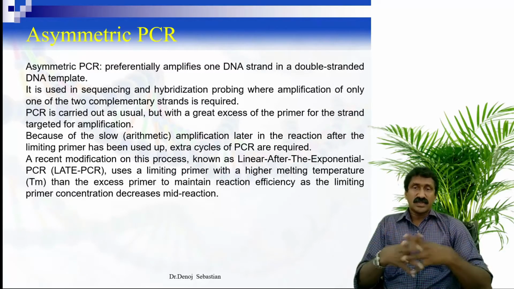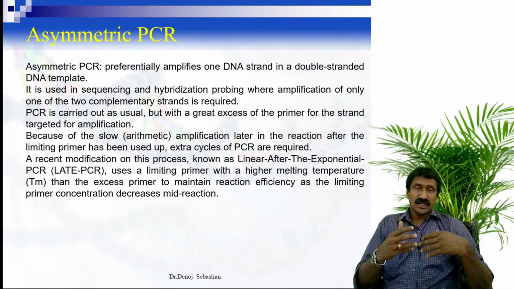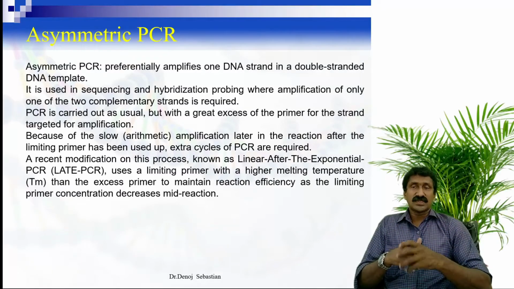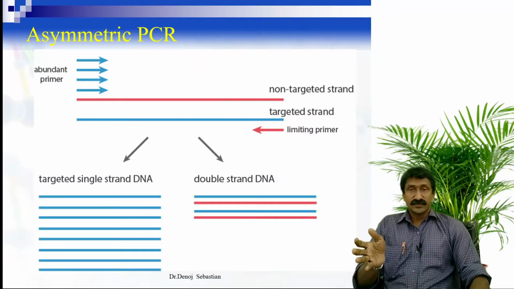But in that case, you require some other modification like LATE PCR. Anyway, instead of using a logarithmic scale of amplification, asymmetric PCR is using arithmetic amplification of the template based on a single primer.